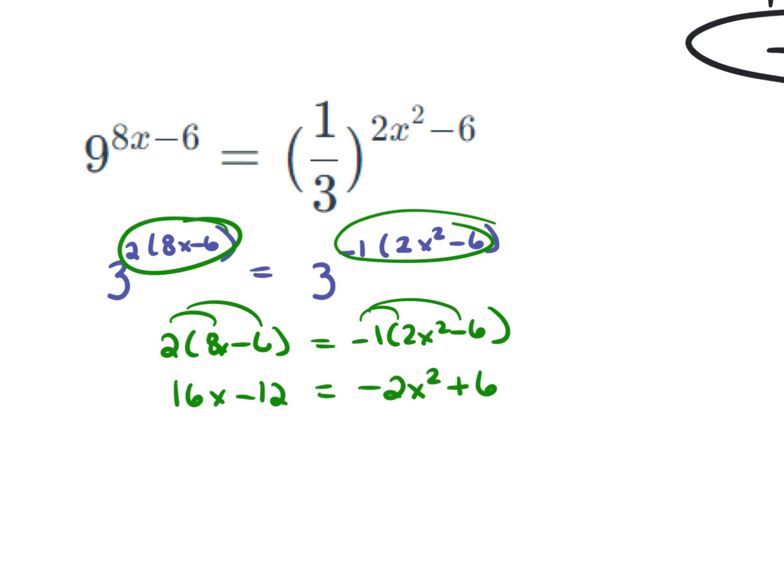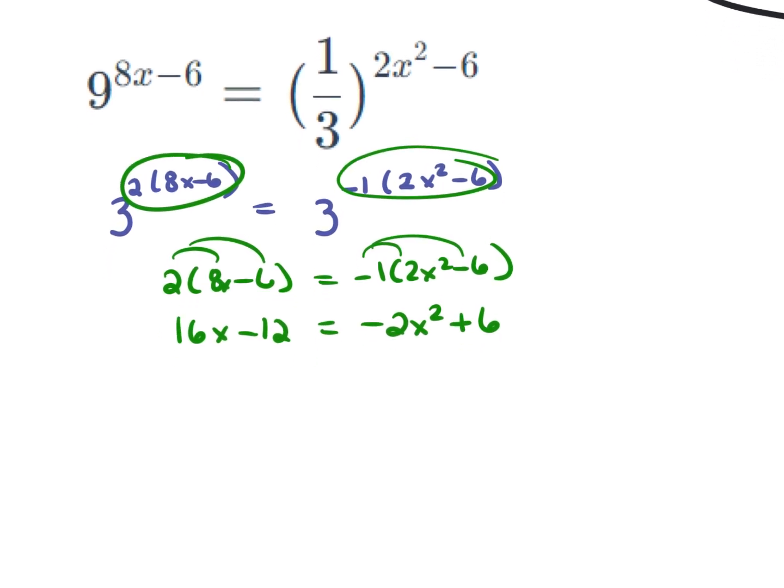Because this is a quadratic, it's got the square, we're going to have to solve it with one of our quadratic methods. You could use the quadratic formula, but better off would be to move everything to one side and factor it. So I'm going to add 2x squared to both sides, just because I like the square term positive, and I'm going to subtract 6.